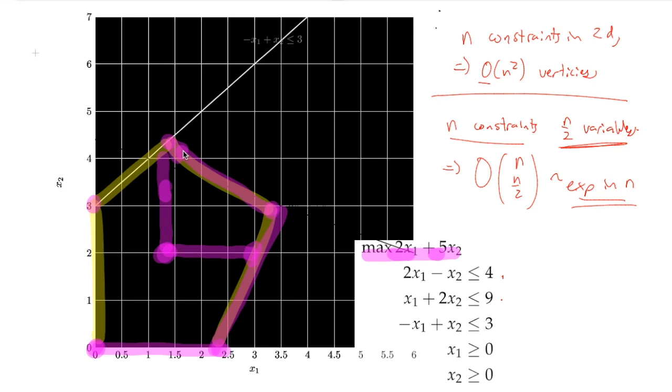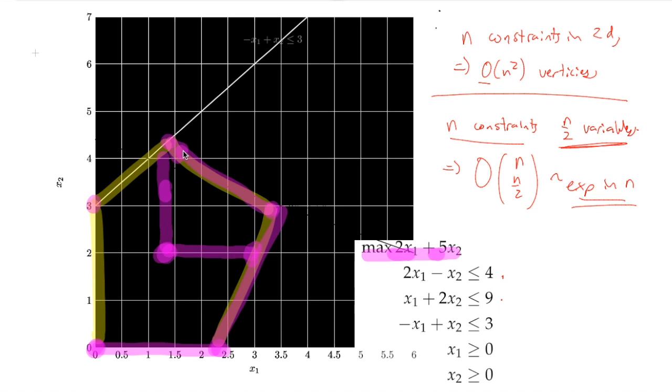The simplex worst case is one of these crazy looking objects in high dimensional space where you have a staircase where you spiral around really, really slowly, always getting slightly better, but it takes you an exponential number of steps to get to the highest point.